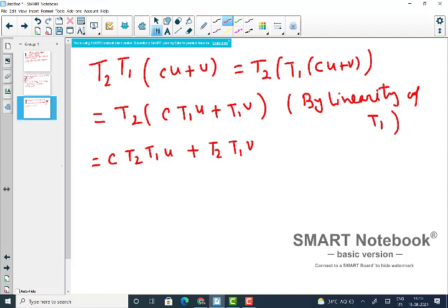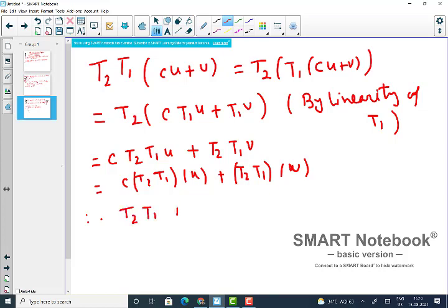That means this is nothing but c times T2 T1, the whole thing of u, plus T2 T1, the whole thing of v, and hence the composition T2 T1 is again linear, right?